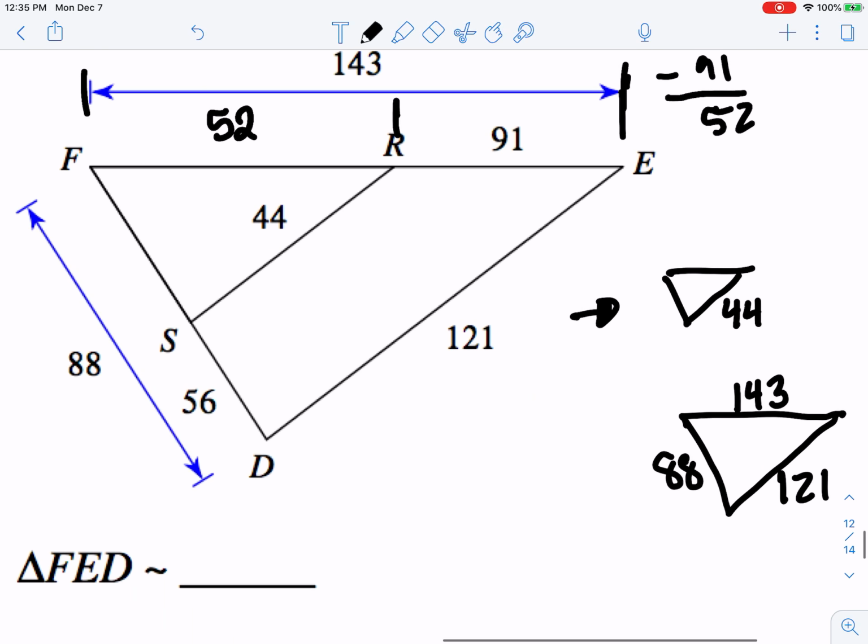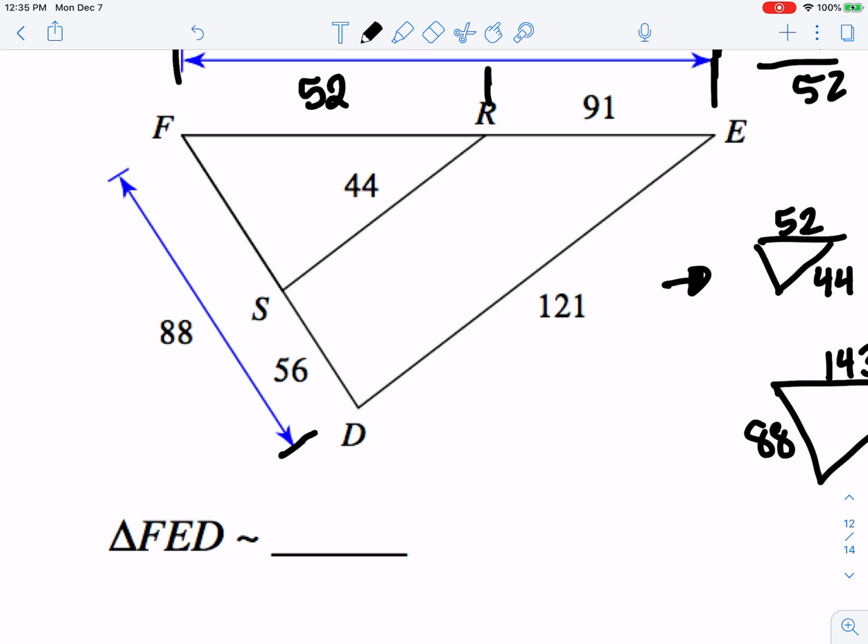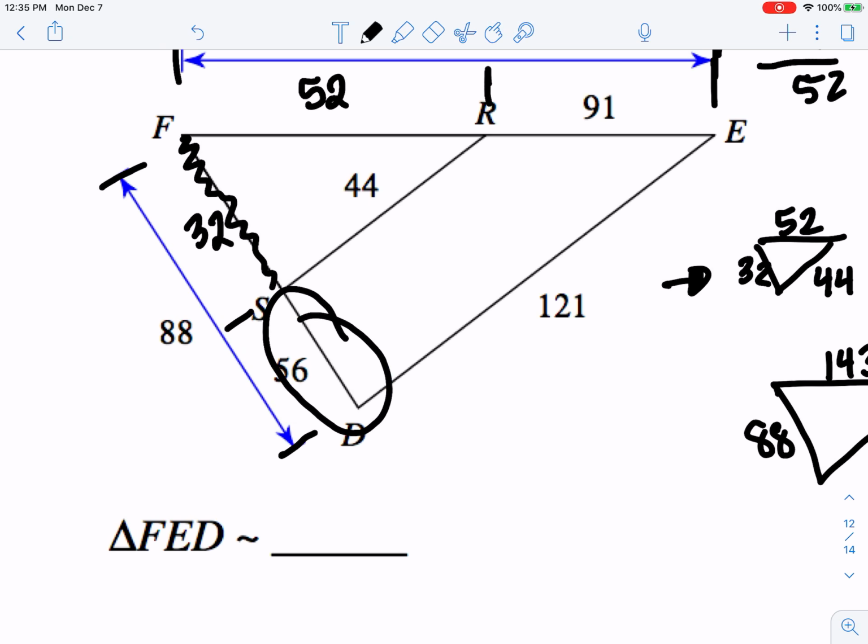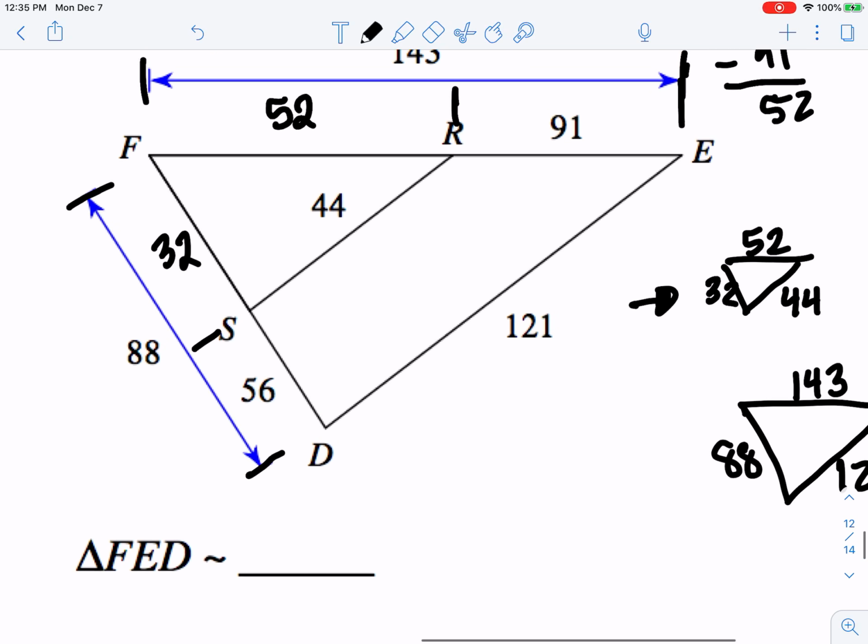Like over here, my long side, FD, is 88. My short piece is 56, which means my remaining must be 32. Even though it doesn't look like it, because this here looks bigger than this. That's where you'll see "not to scale" a lot on pictures on your exams or your tests.